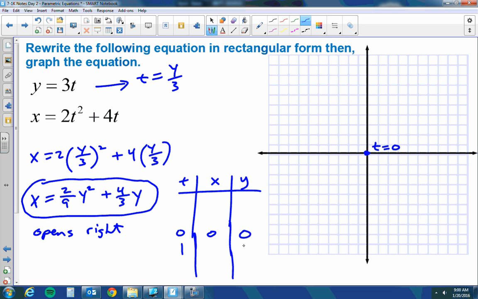I get 3. What do we get for x when I plug in 1 for t? Yeah, 6, right? 1 squared is 1 times 2 is 2. This becomes 4. 2 plus 4 is 6 for the x value. Plot that point, 6, 3. That was t equals 1.